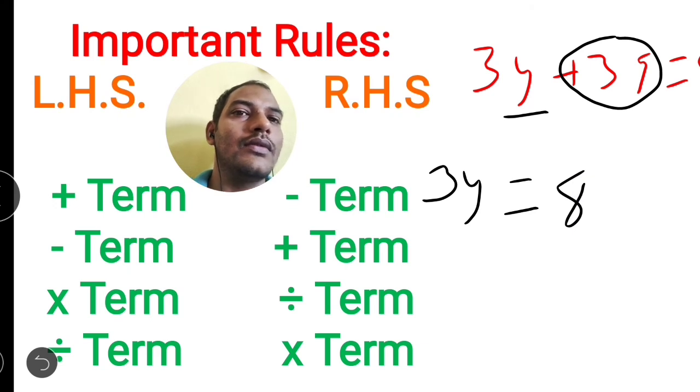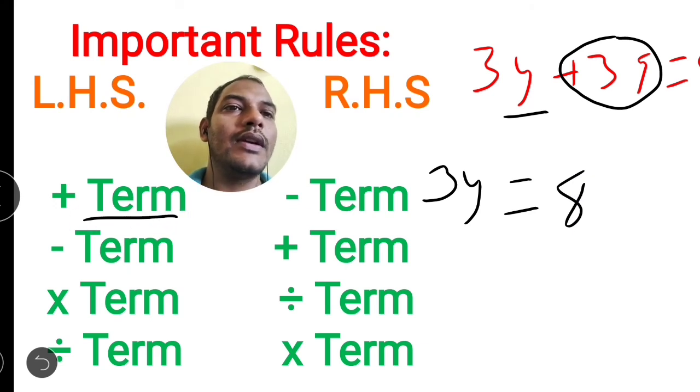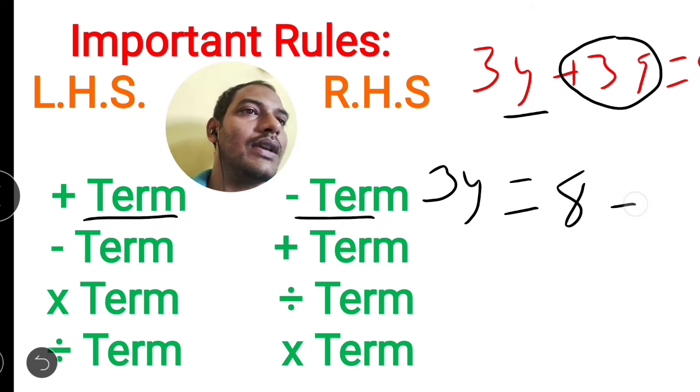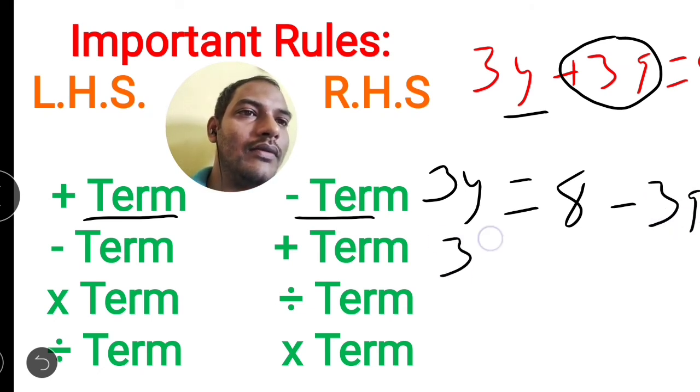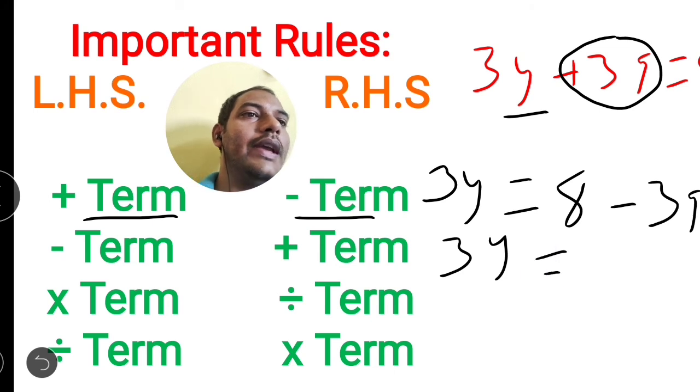It is a positive term, so the positive term will become negative. So then minus 39. Okay. So now 3y equals 8 minus 39, how much? Yes, minus 31. Okay.